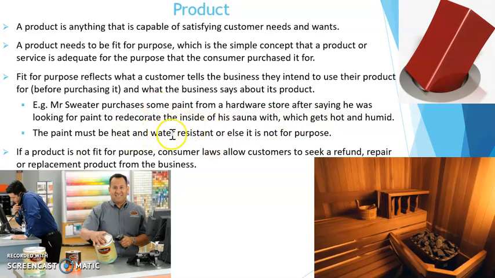Even if the product said not suitable for high temperatures, but the business, in that one-to-one situation, had said to Mr. Sweater, this product is perfect for you, it's going to meet your purpose, and it subsequently didn't, then of course we would say the product was not fit for purpose. Later in the course, we're going to look at consumer law. If the product is not fit for purpose, then a customer has the right to seek a refund, repair, or replacement product from the business.